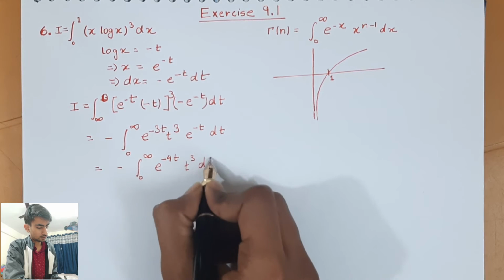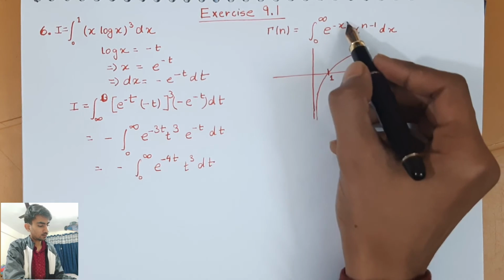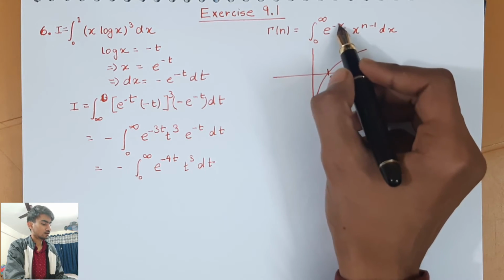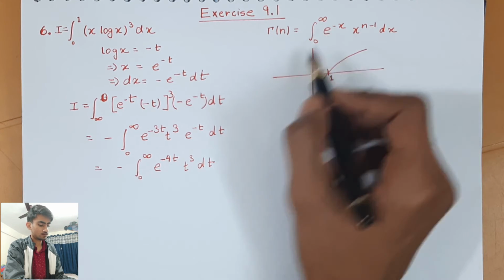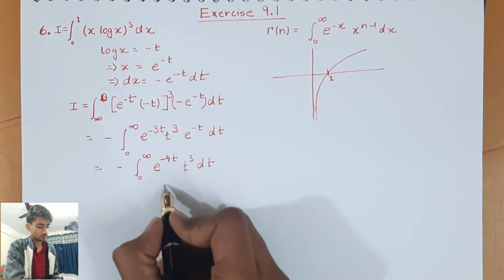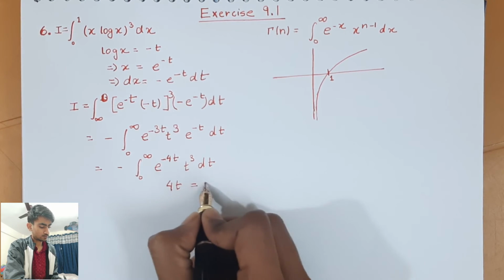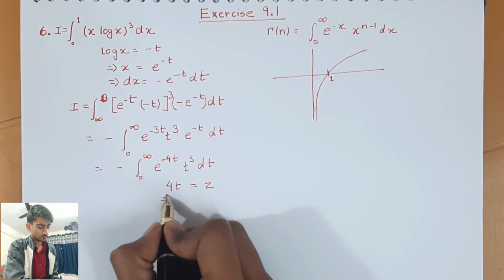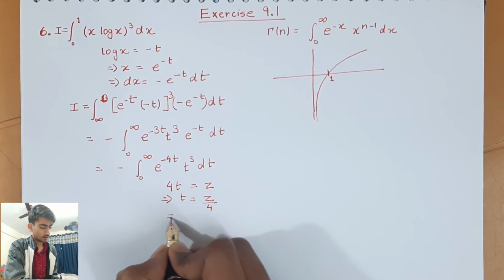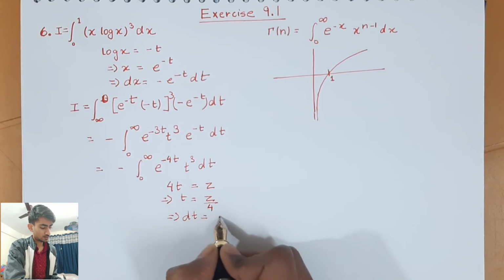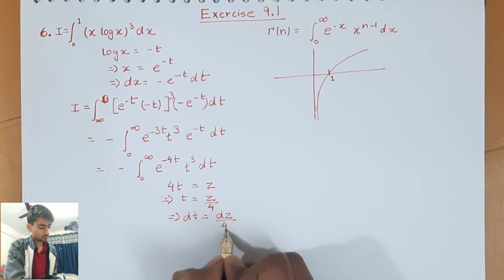In the definition of gamma function, we can see the variable of the integration is taking place as the negative power of exponential. So we will substitute the whole 4t as some variable, say z. So this implies t would be z by 4 and dt would be dz by 4.